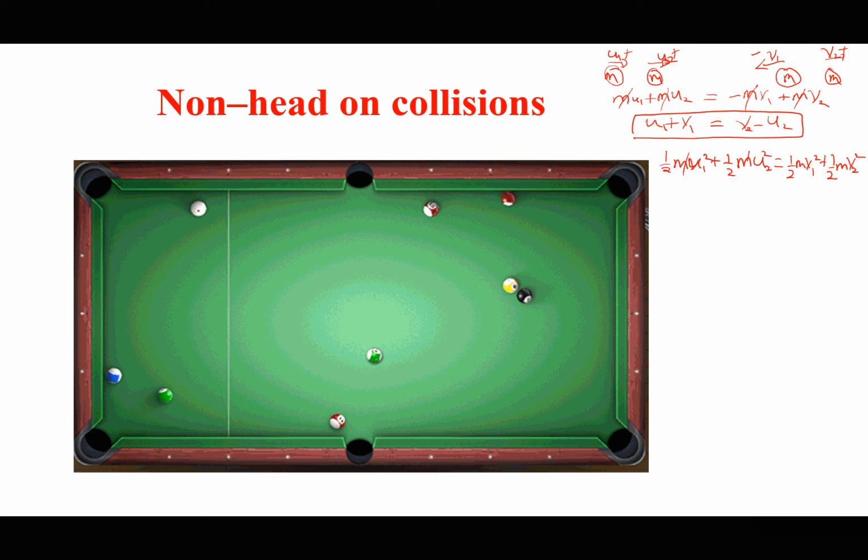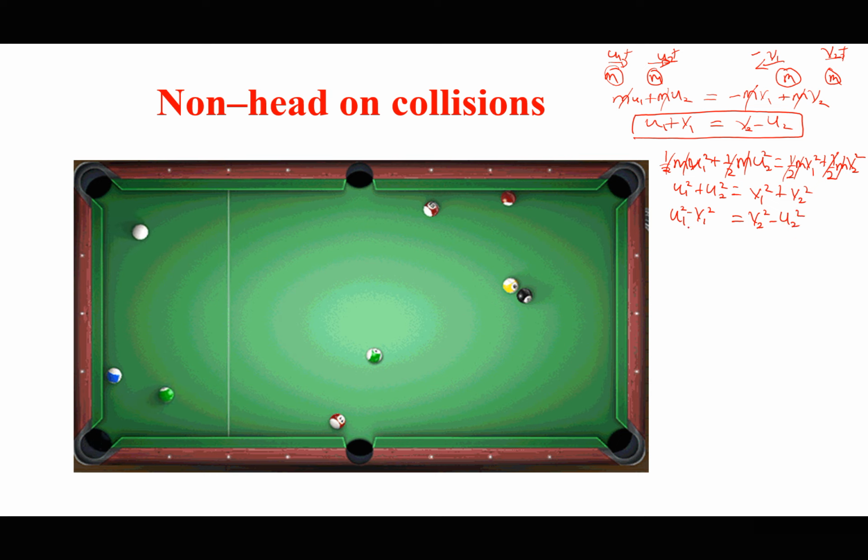So m cancels out because it is a common factor. A half also cancels out because it is a common factor. So you remain with u1 squared plus u2 squared equals v1 squared plus v2 squared. So I just bring the ones on one side so that I have u1 squared minus v1 squared. The other side I have v2 squared minus u2 squared.